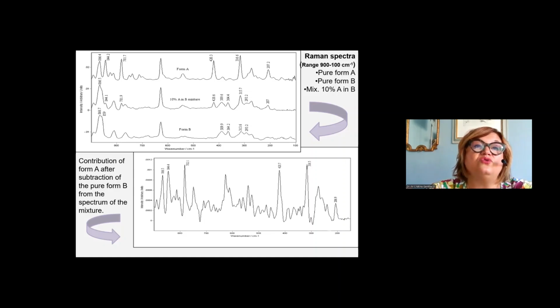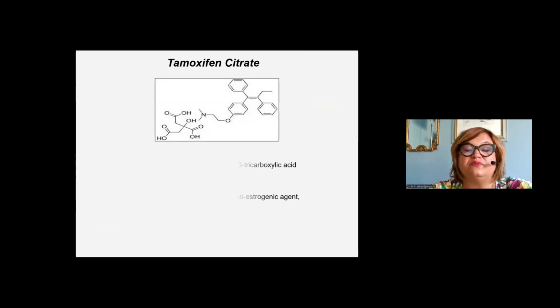So you need to identify and categorize the mixture too, and so we have tried mixtures with small percentages of one form in another, to see if we could see the differences, and it was possible, and also for the subtraction.